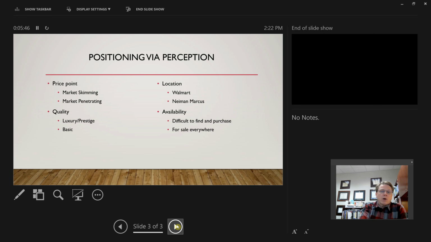Okay? Quality, luxury, prestige. When we talk about the latest technology in automobiles, the more expensive ones will have the technology first, and then after a while, the technology will filter down to the lower priced vehicles.